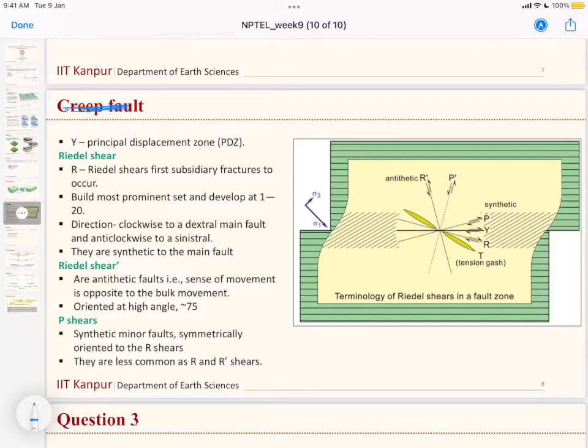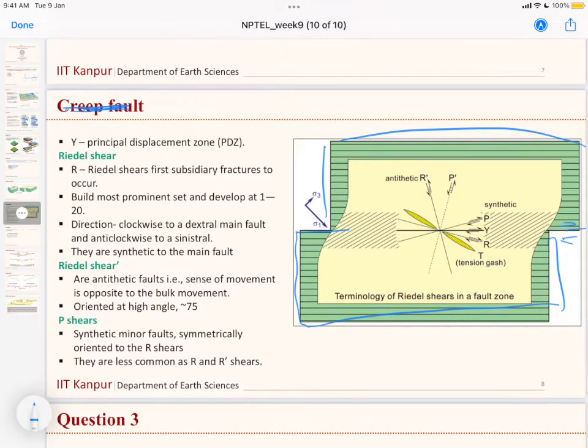First understand that we have two blocks, and what are the two blocks? These green blocks that you can see. The upper block is going towards the right hand direction, and this lower block is going towards the left hand direction.